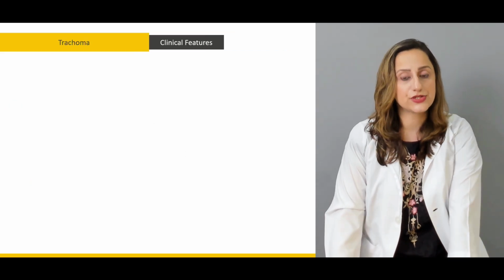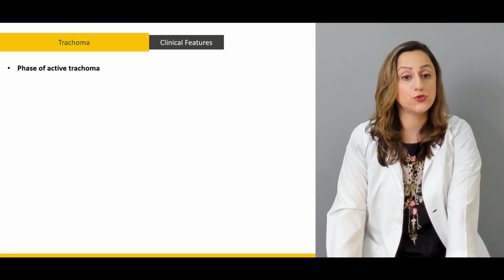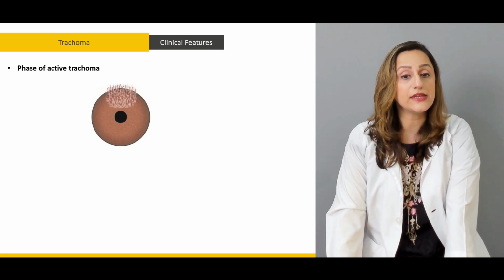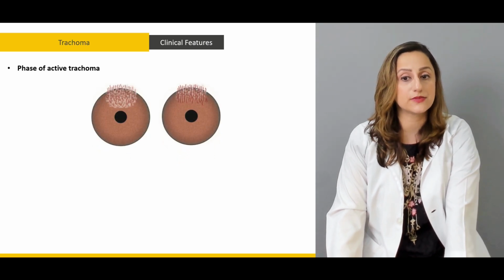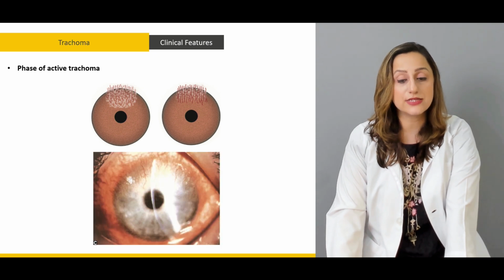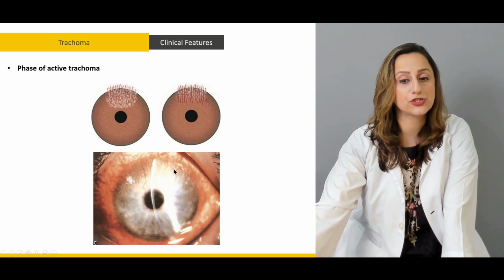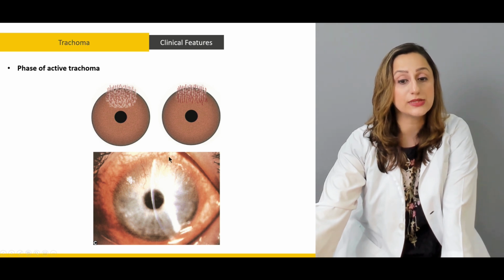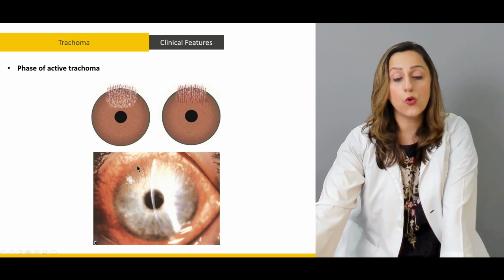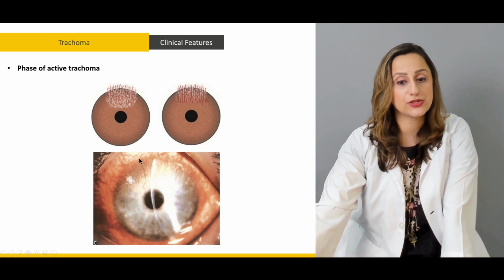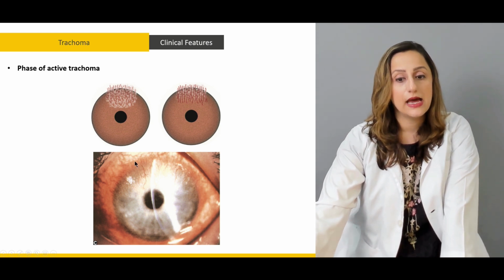So the clinical features, as you may relate to, the phase of the active trachoma is characterized by this pannus formation. And as you can see, this is the clinical picture for the pannus formation. It's quite visible that there is a whole range of neovascularization present at the limbus.